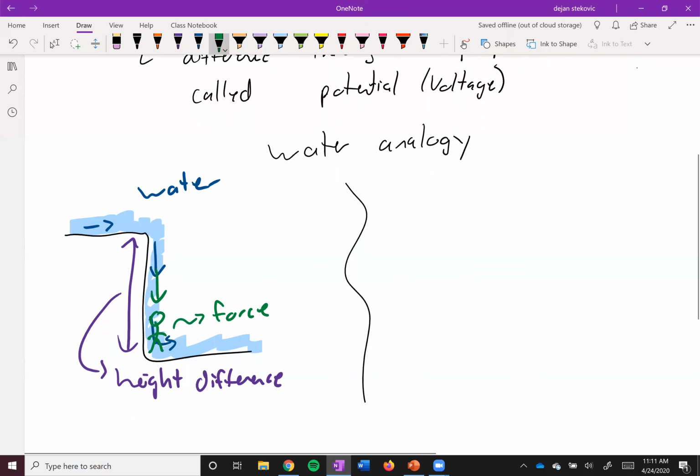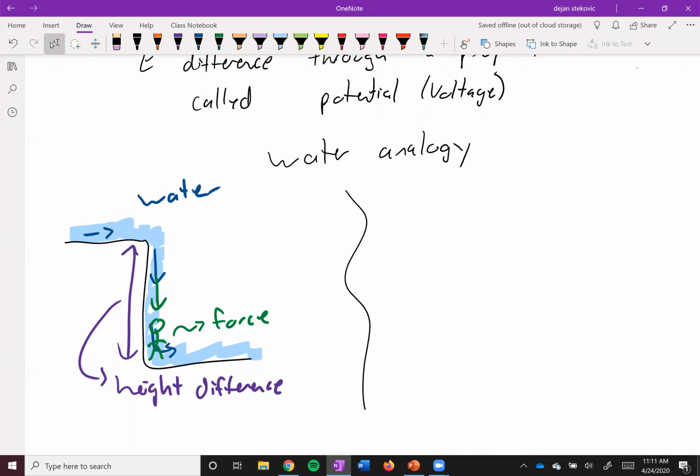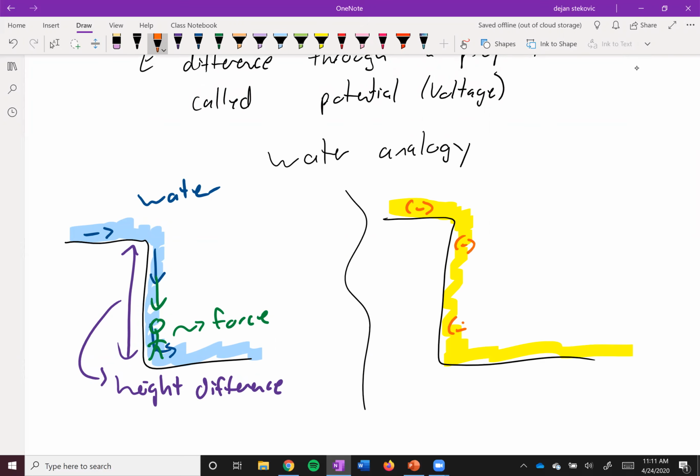So there's a height difference, an energy difference between the high up state and the low down state. Well, electrons flow in a very analogous scenario, right? So they flow down this hill. In this case, we're talking about electrons. And what we call this height difference, it's an energy difference, is the potential difference.